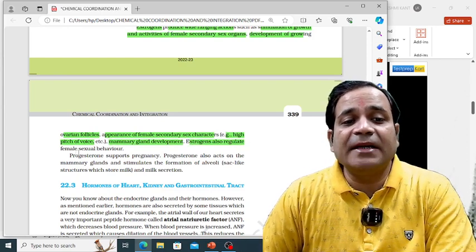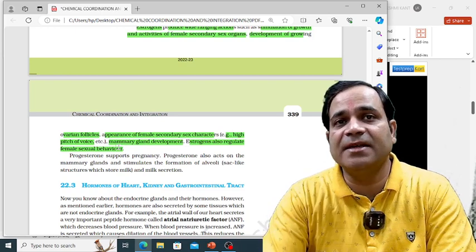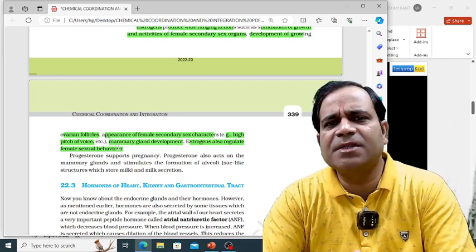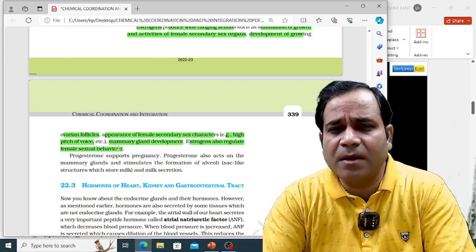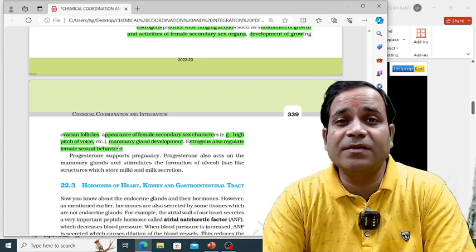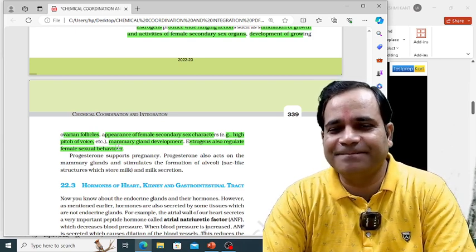Estrogen also regulates female sexual behavior. So the hormone responsible for regulating female sexual behavior is estrogen. Getting my point?